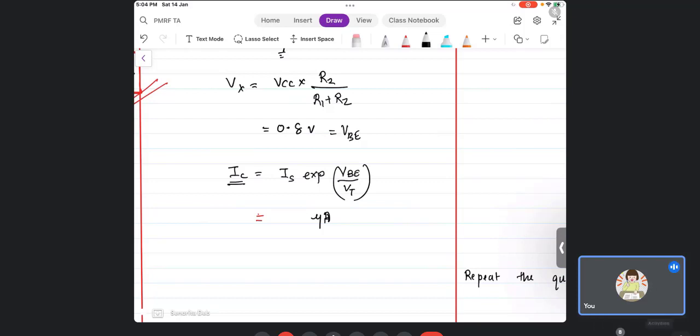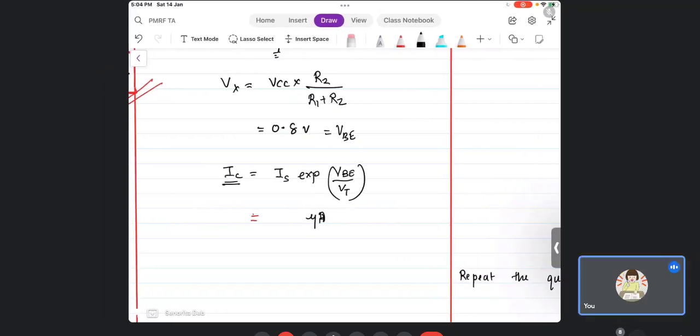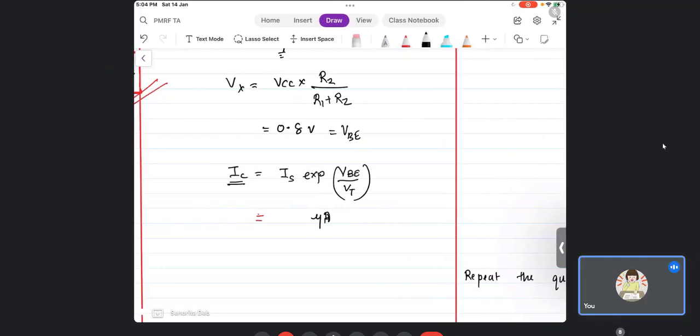Why is it taking so much time? Please solve it and tell me. 230, yeah. I think you will get 231 if you take VT as 26 millivolts. Both 230 or 231 are fine.